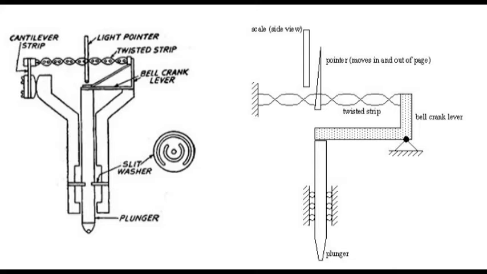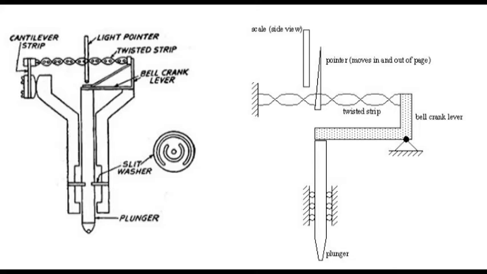It is thus obvious that in order to increase the magnification of the instrument, a very thin rectangular strip must be used. So this is the information about the Johansson microcator instrument.